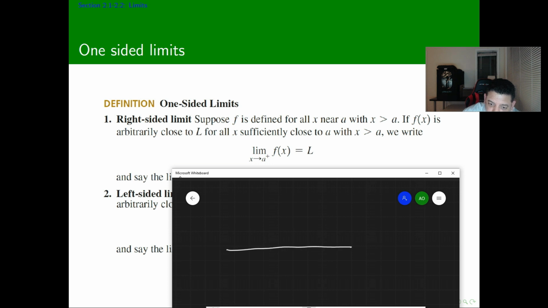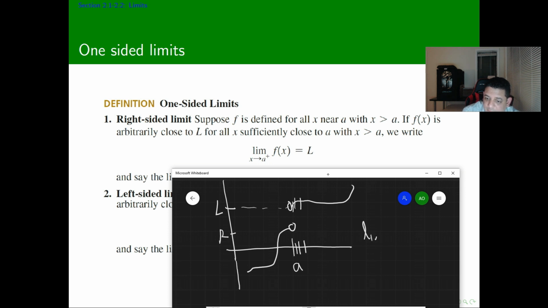So assume you have a point and your number is A, and here we have the y-axis, and it turns out that you're getting this function, and this height is L, and let's do this one here, and this height here is R. So in this particular function, we can say, okay, we're getting closer to A. On the right side, the numbers are getting closer to L, to this height.